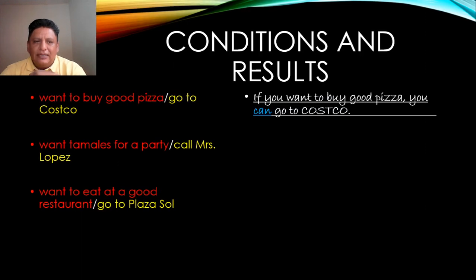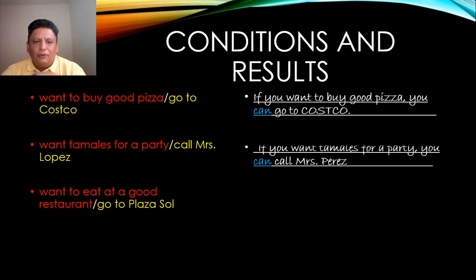Okay, remember, want to buy good pizza? Go to Costco. If you want to buy good pizza, you can go to Costco, is one option. The next one, want tamales for a party? Call Mrs. Lopez.